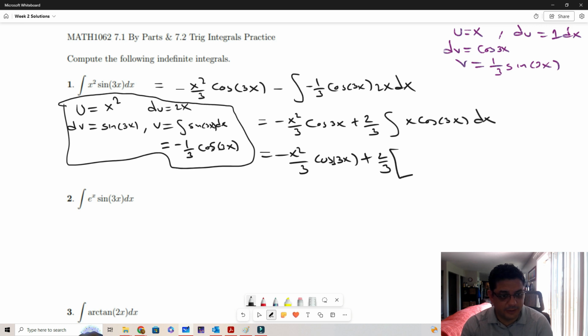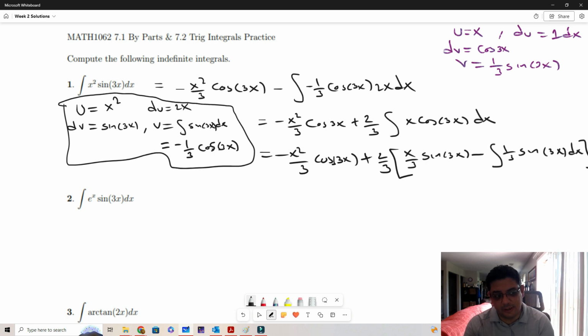And then we reflect what this integral is in terms of u times v, and so x over 3 sine of 3x minus the integral of v du, and so that will be 1/3 sine of 3x dx. Now notice that this integral here is easy to actually solve. This is the last part that we'll need to address.